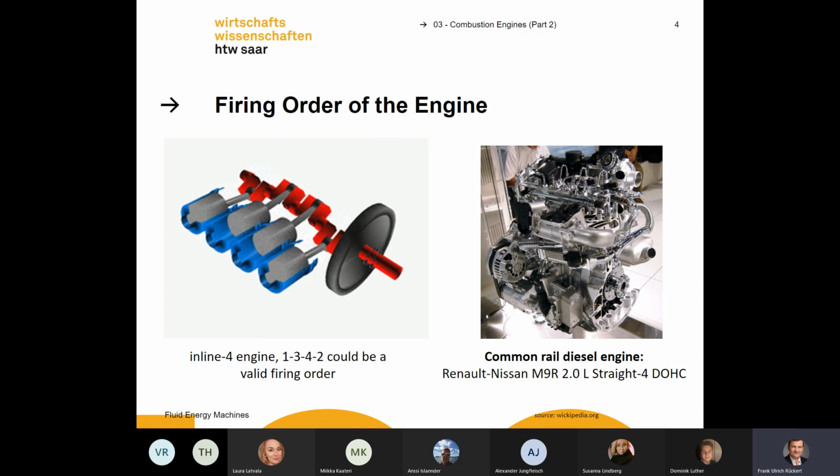We even have cars that can shift off cylinders. For example, a big Mercedes S-Class can switch off cylinders, and then you can drive with fewer cylinders. If you say we want to save a bit of fuel, then you can shift off some cylinders.